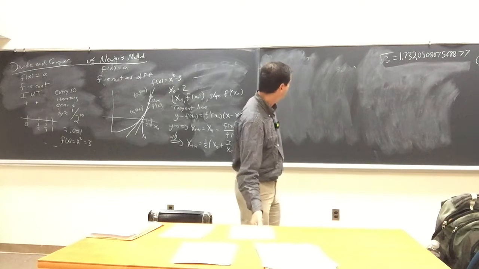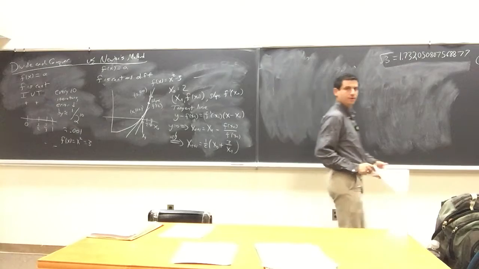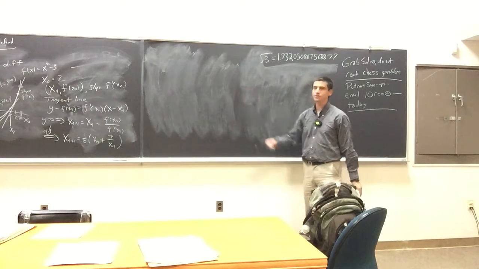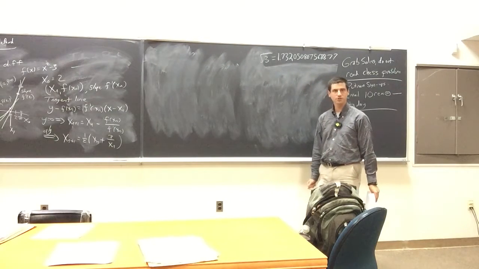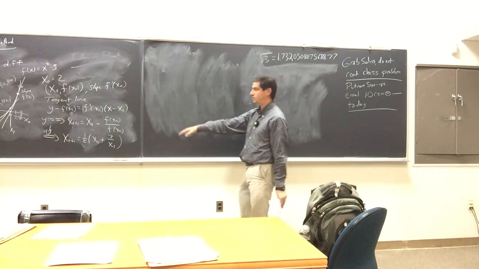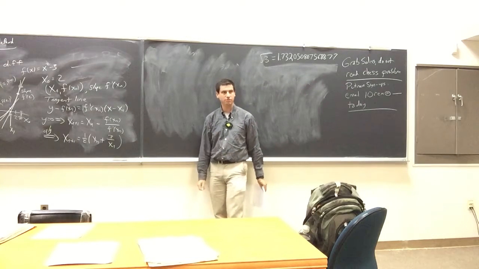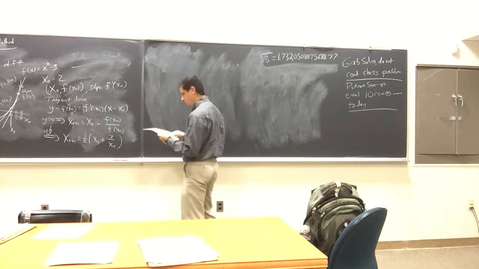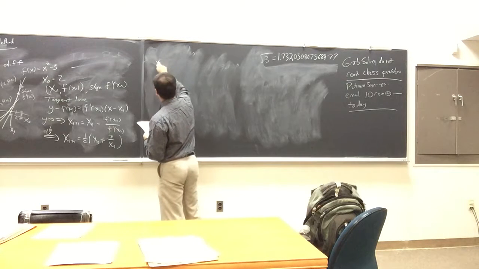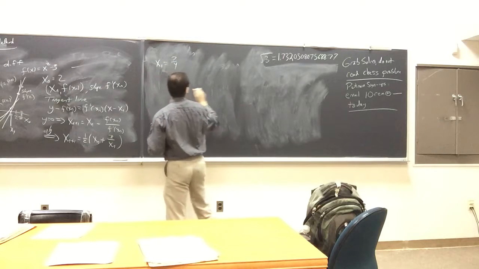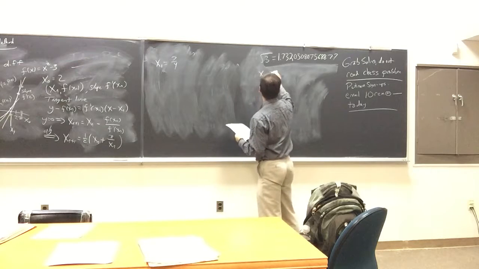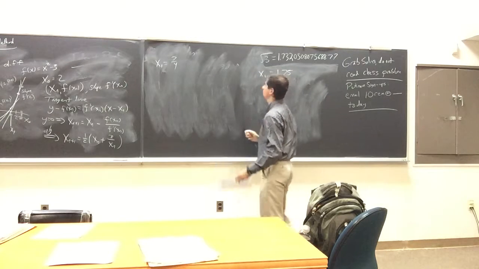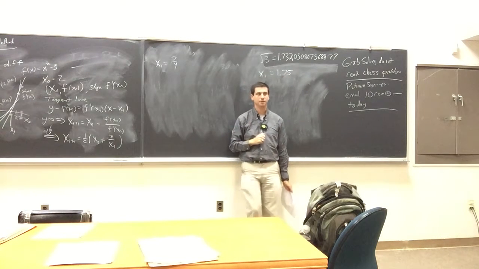So I wrote ahead of time the square root of 3 on the board. What you can do is you can apply this and you can start getting different approximations. What's nice is you're always going to get rational approximations if you start with a rational point. And so the first one, you get x1 equals 7/4, which is 1.75. That's not bad.